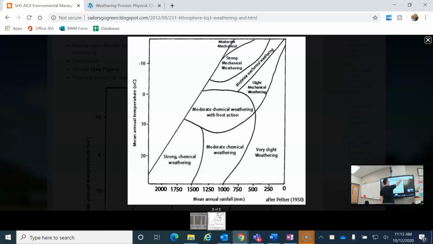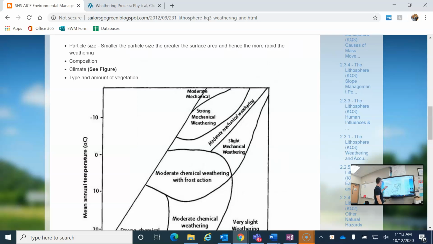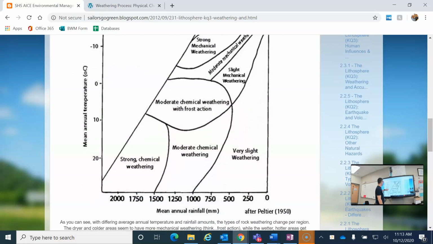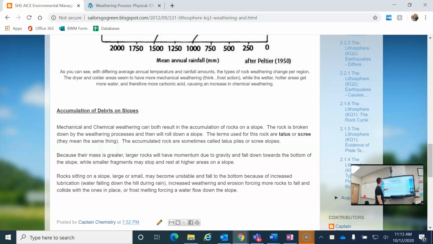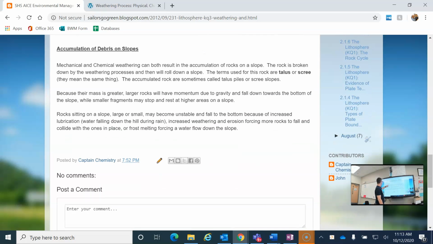Your strongest mechanical weathering is going to be where you have pretty cold and medium rainfall, because that's going to give you a lot of that frost action there. And so you can see the different climates that can give you the different types of weathering. And finally, the last thing that could happen there is the type and amount of vegetation. So you can read about that there.